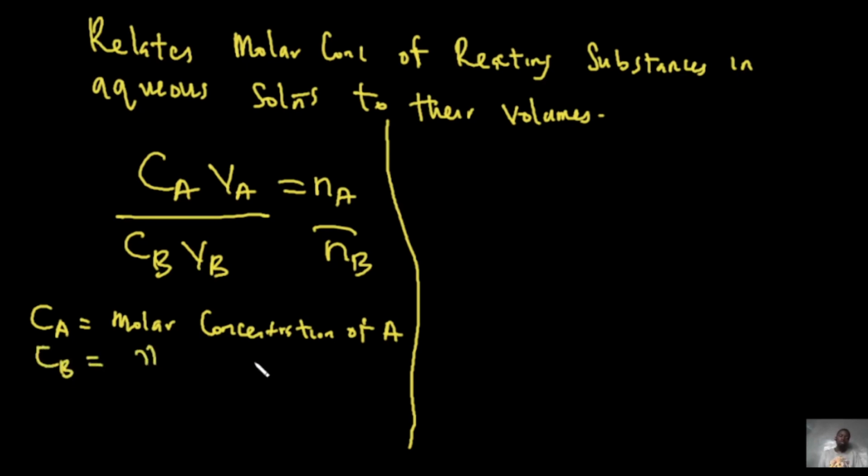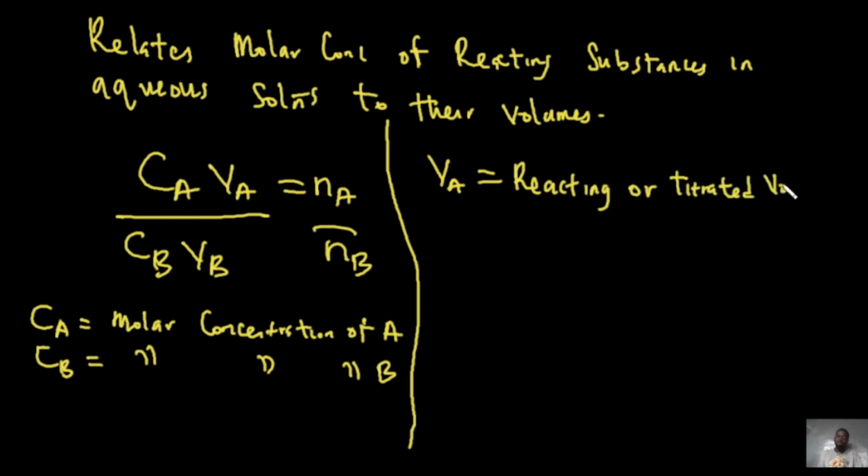Cb is basically the molar concentration of solution B. Then we move ahead to the next one, Va. Now, with respect to this formula, Va is the reacting or titrated volume of A.